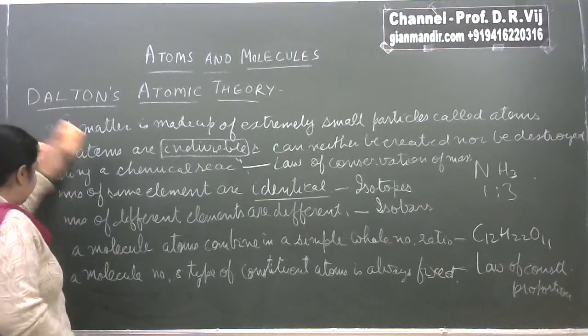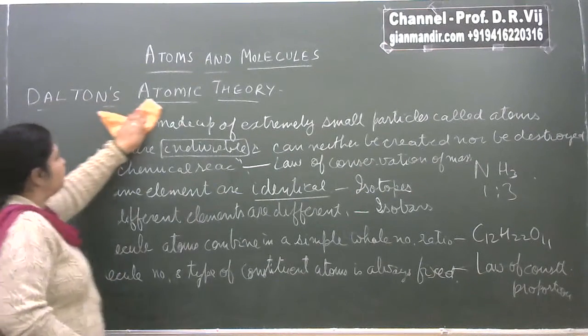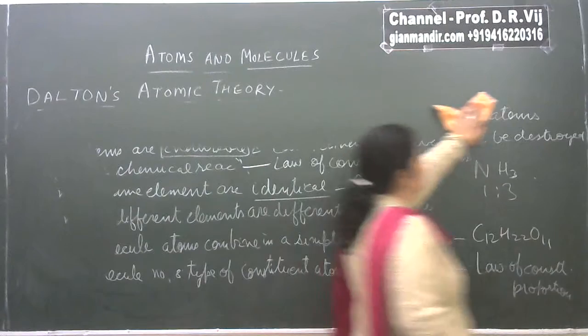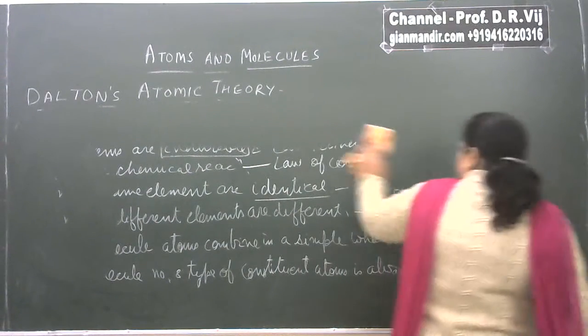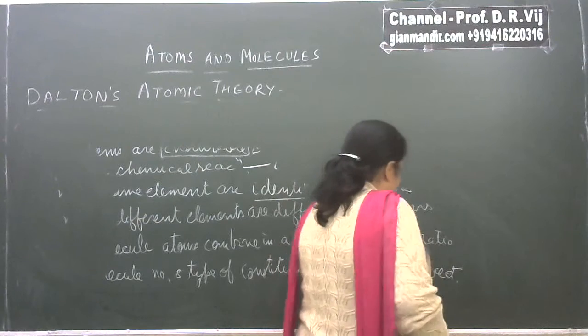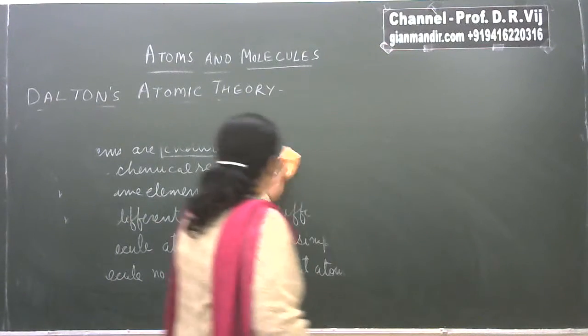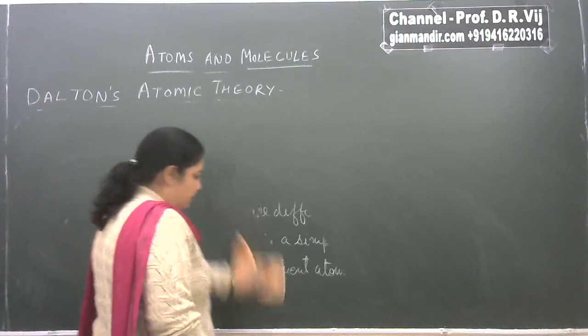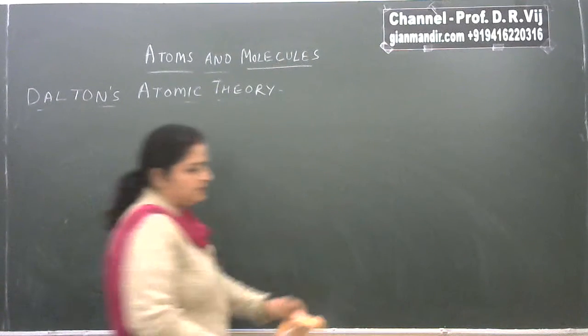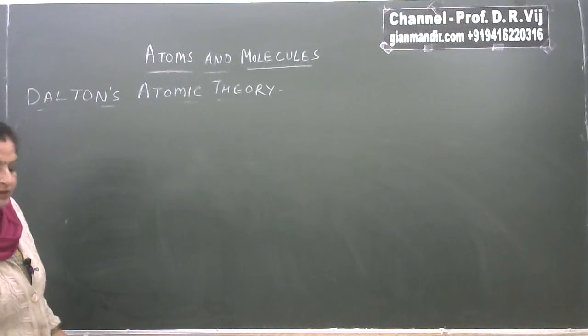Now another interesting aspect which we want to discuss here is: what about the size of an atom? As we know, atoms are the smallest particles of matter. Then how small are these smallest particles?